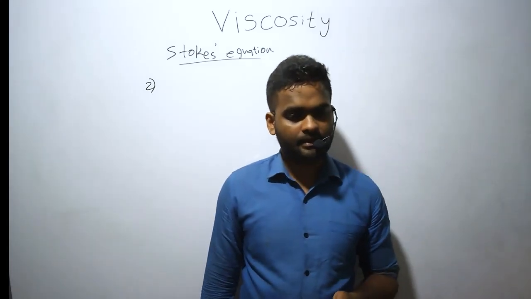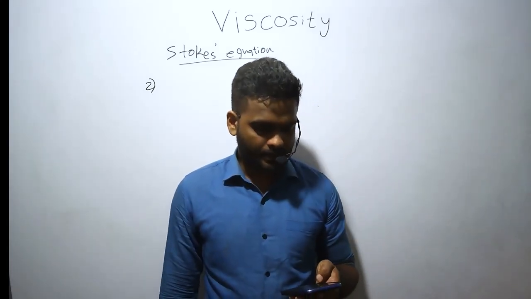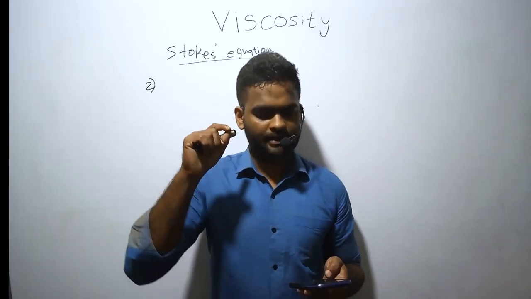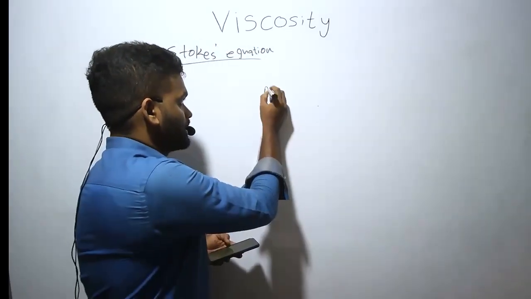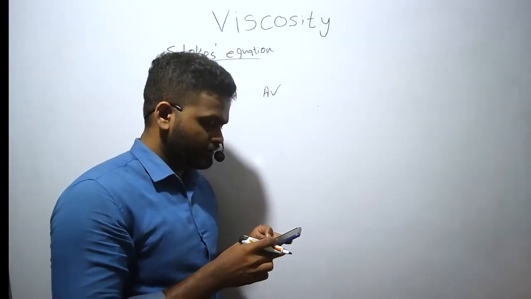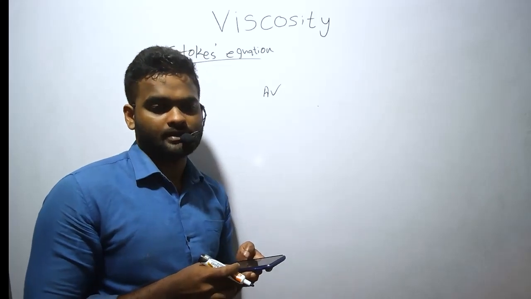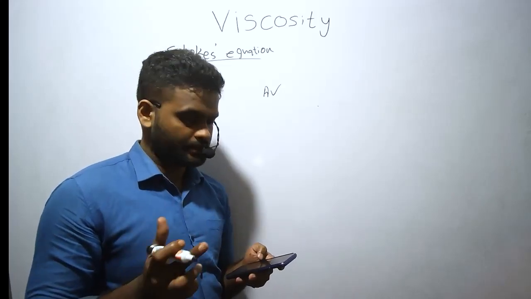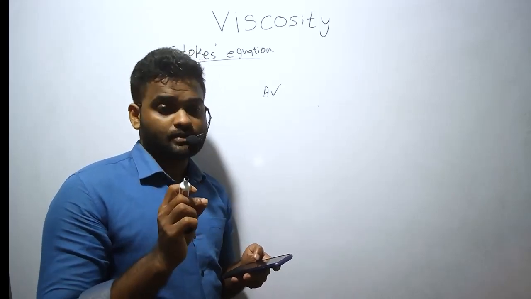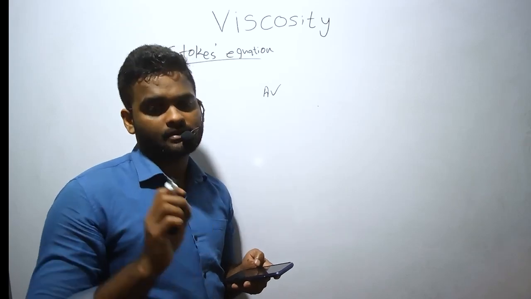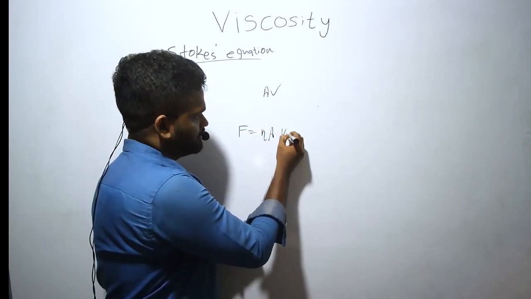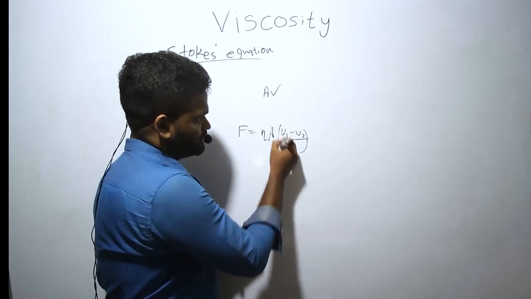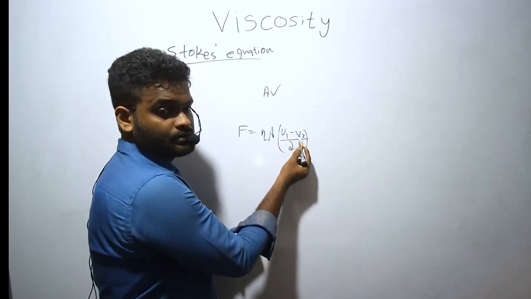Not only A, right? To the opposite direction, it is true for both. A is correct. Friction depends on relative velocity? It does not, right? But viscous force depends on relative velocity. Why is that? What is this, V1 and V2?